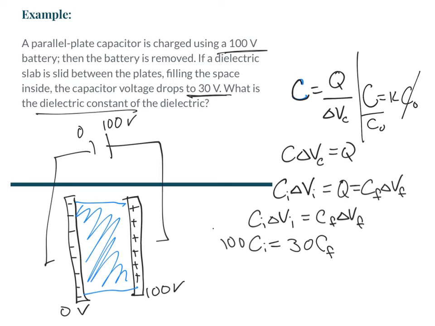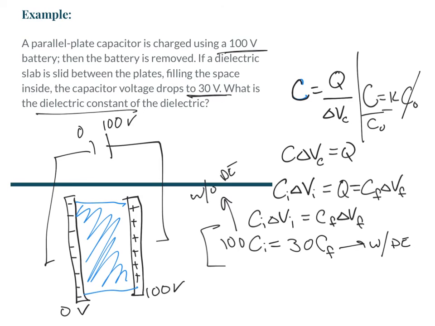So if we're going to plug in what we ended up with, we have to know which one is with the dielectric, which one is without. So the final one is with dielectric, I'll abbreviate that as DE. This one, initial, is without dielectric. So we can just divide these two things to figure out what the constant is.